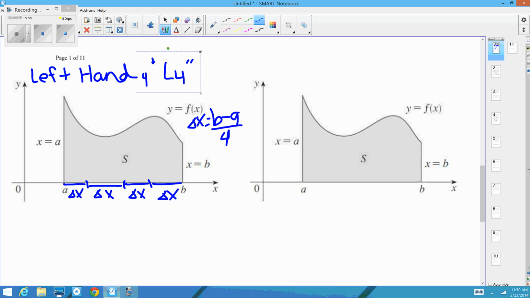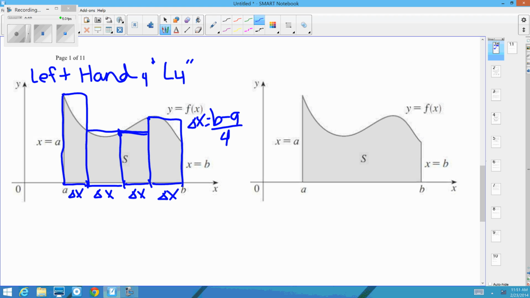Okay, and to use this left hand approximation for the area, I would have to draw rectangles using this left hand value of my function. That would only be about there, and then this one would be about here.